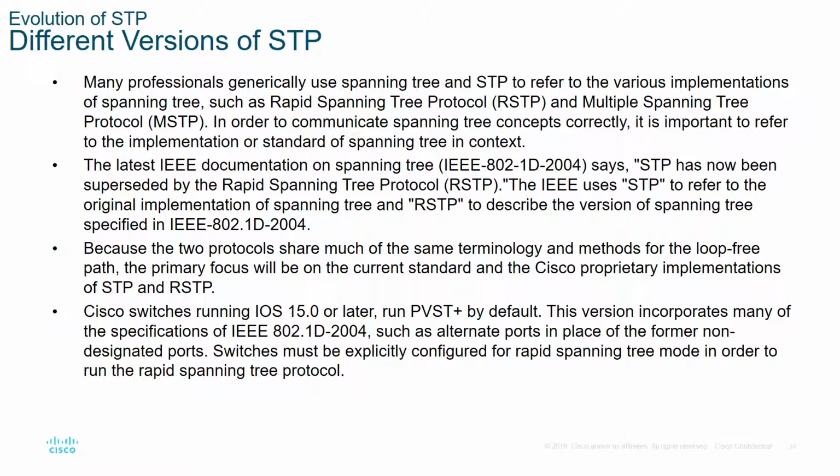And switches must be explicitly configured for rapid spanning tree mode in order to run RSTP, the rapid spanning tree protocol. So they run spanning tree protocol, but the original version, and they talk about alternate ports rather than non-designated ports. There's a little bit of language terminology in how they say it. If you want to run rapid spanning tree mode, you have to turn that on.